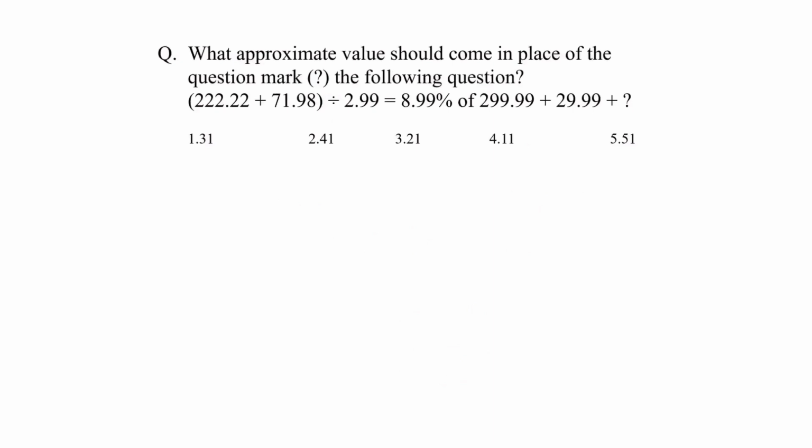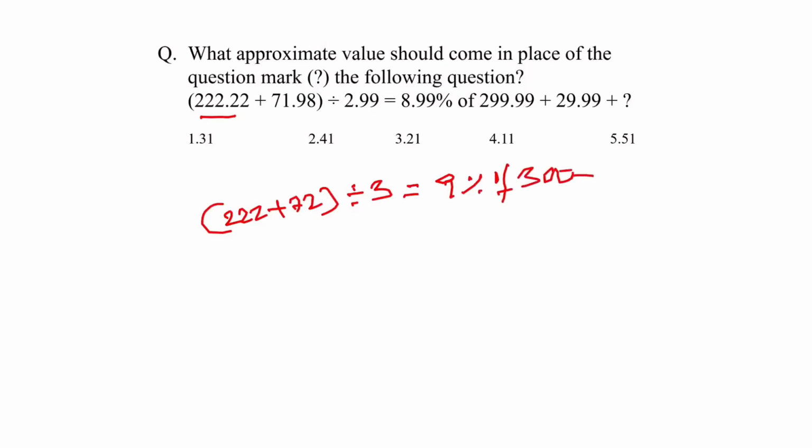Here again I am writing approximate values. 222 plus 17 divided by 3 is equal to 9% of 300 plus 30 plus x. The total 294 అవుతుంది. 294 divided by 3, 98.